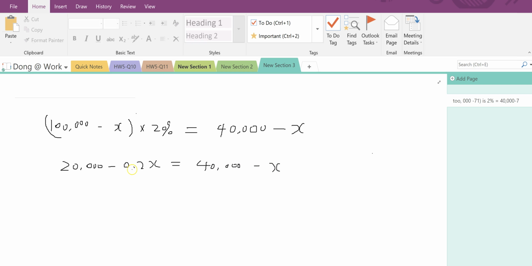Then move minus X to the other side, and move the $20,000 to the right-hand side, and the equation becomes X minus 0.2X equals 40,000 minus 20,000.